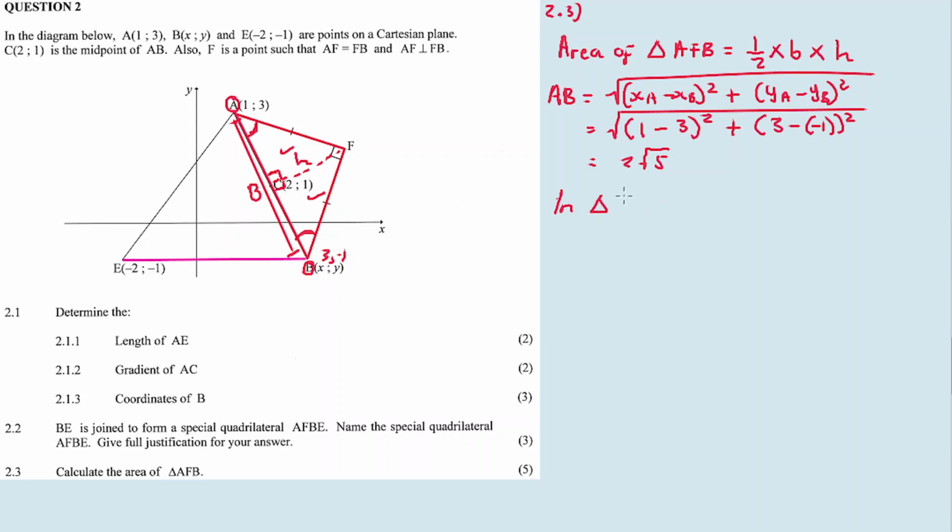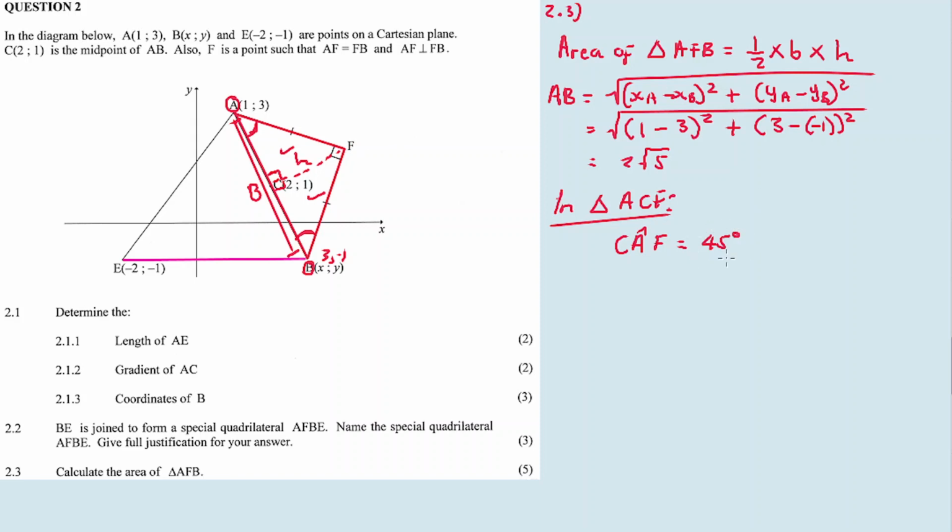In triangle ACF, the angle CAF is equal to 45 degrees. 45 degrees plus 45 degrees is 90, plus this 90 gives 180 degrees.